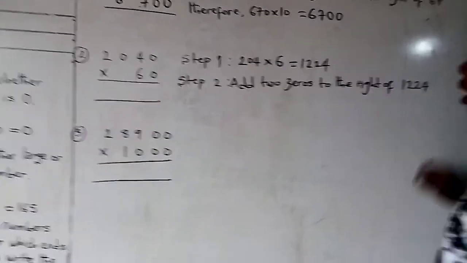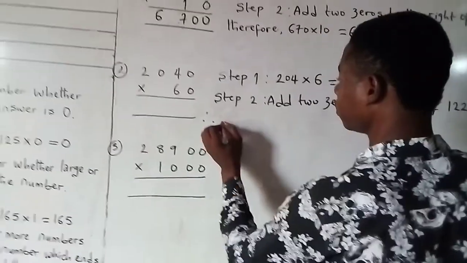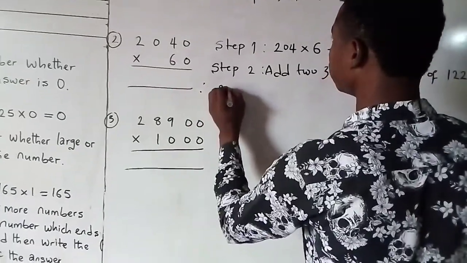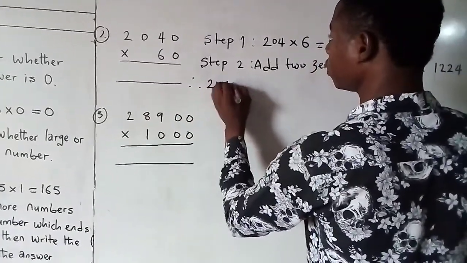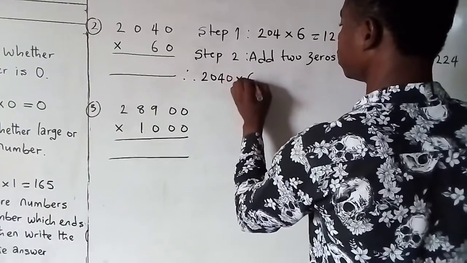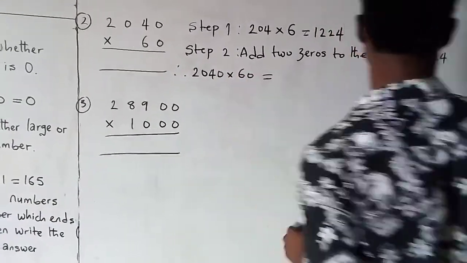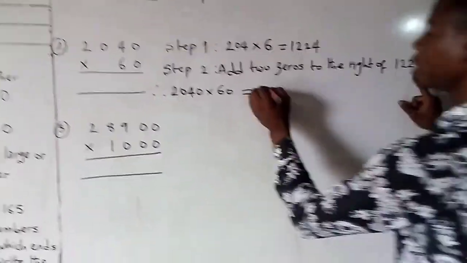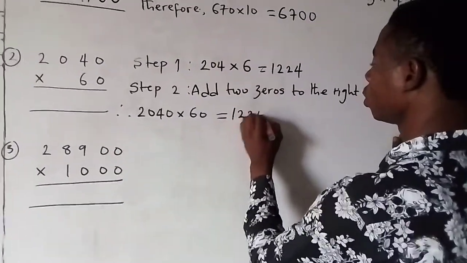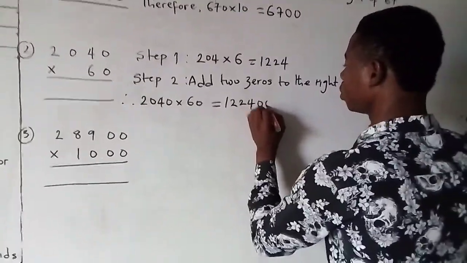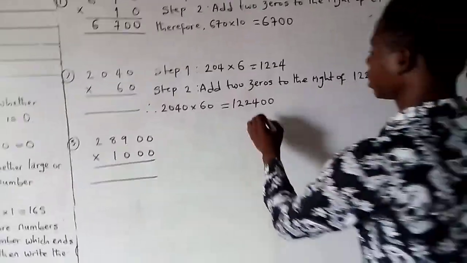So now from there, you say therefore 2040 multiplied by 60 equals, so we are going to add 2 zeros to this, which is 1, 2, 2, 4, 0, 0. So that is for that.